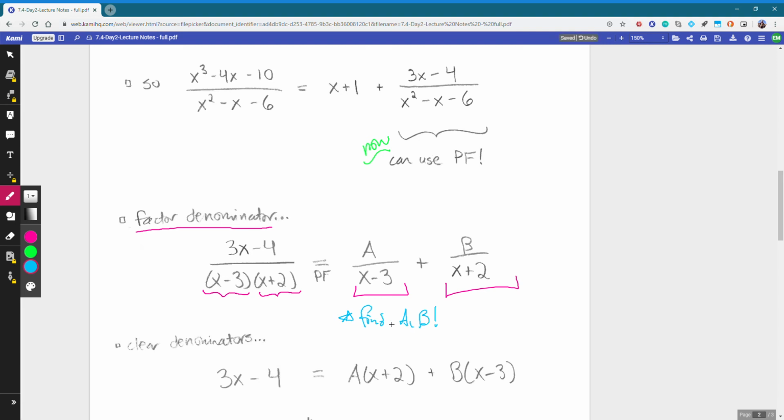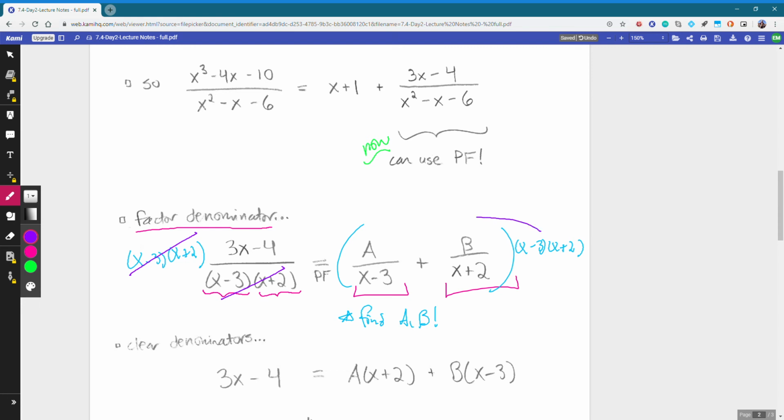To start us off, we'll just clear denominators by multiplying both sides by the denominator of our original function. And so here, if we take left and right and multiply by that denominator, the x minus 3, x plus 2, well, on the left, we'll just kill off our denominator.